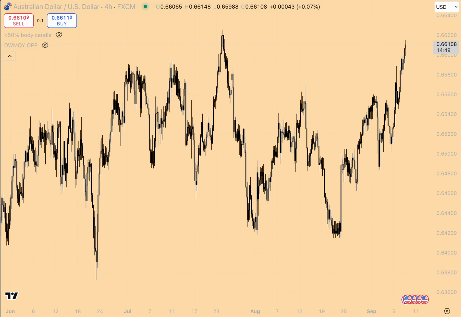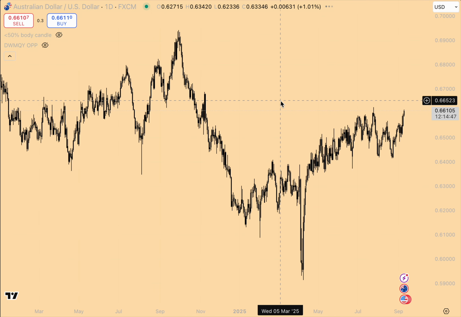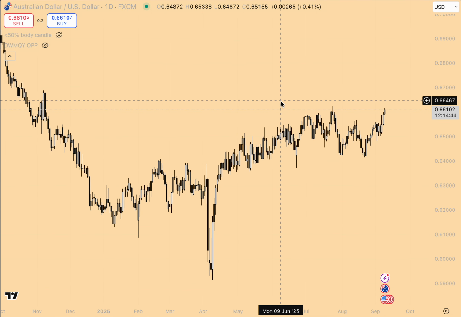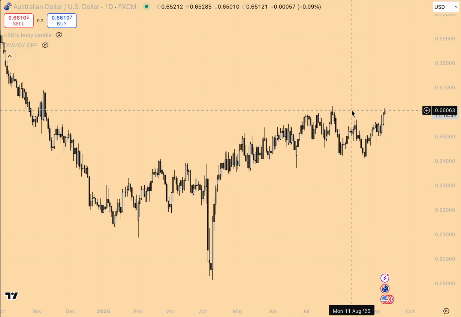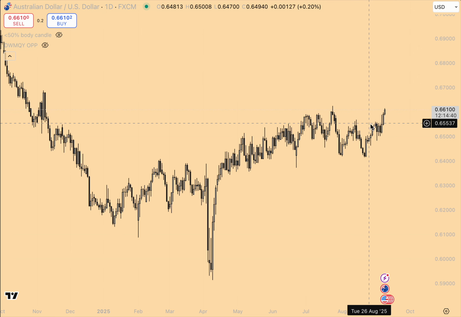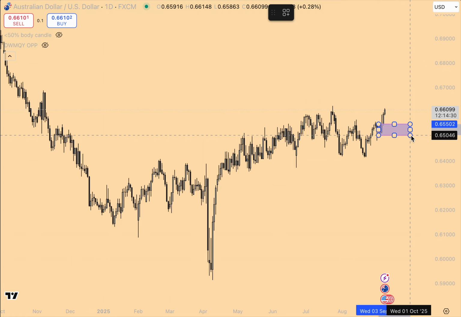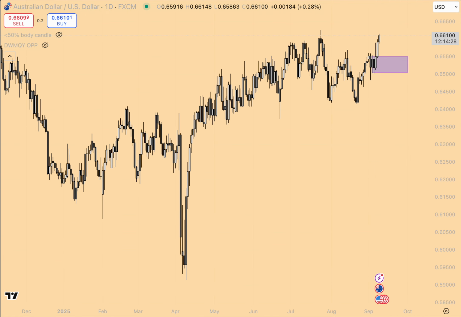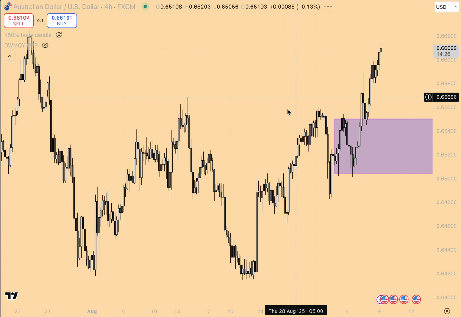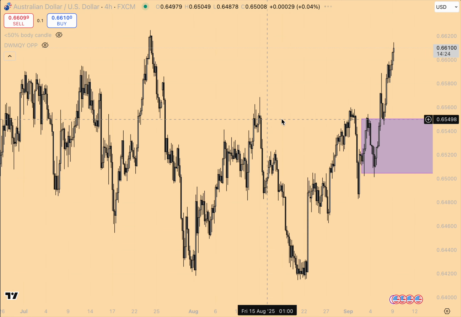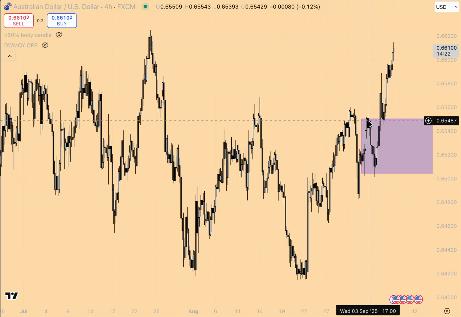With AUD USD, as you can see, we're just making higher. Here's our daily area of demand. We're just trickling higher and higher, especially you can see the demand order phase just holding and holding.